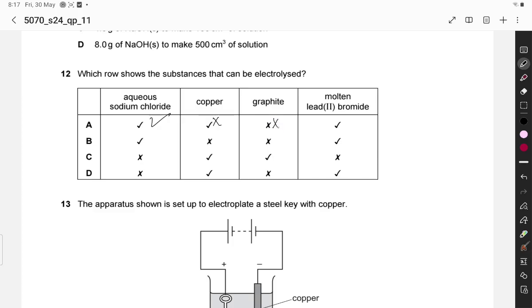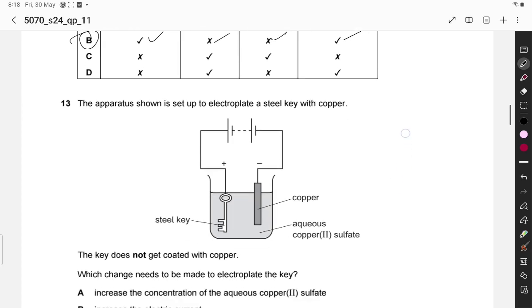Graphite cannot. Molten lead bromide can be electrolyzed. So this is correct because copper can't be electrolyzed, and graphite also cannot be electrolyzed. Molten lead bromide can be electrolyzed. So B option is the correct option.